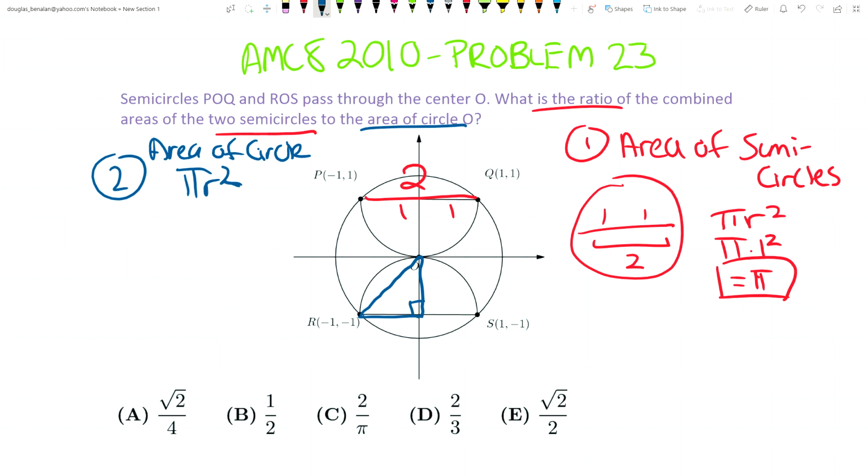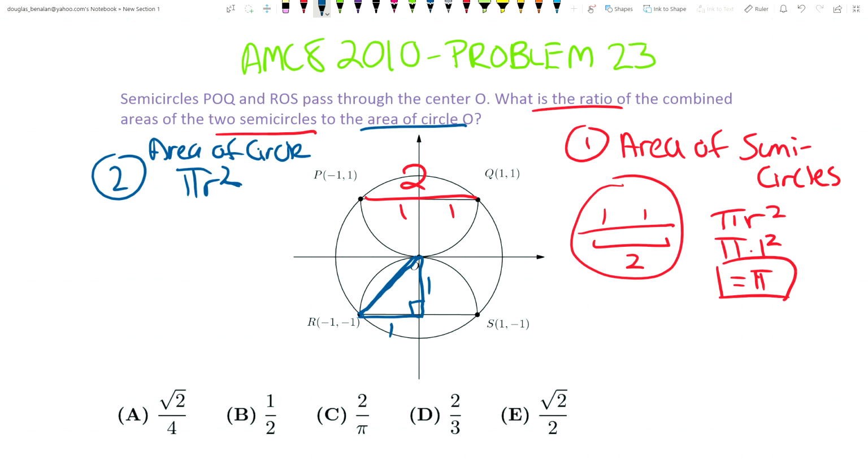It'll be a right triangle because it's between where the x and y axis intersect. And this will be 1 because that's essentially the radius of the semicircle. Also, it's a difference in the y coordinates, and it's also the difference in the x coordinates.